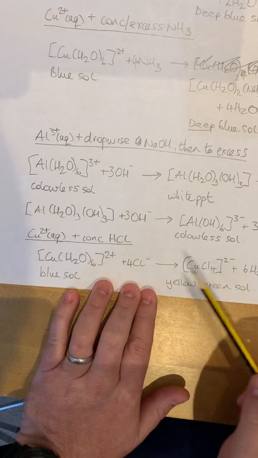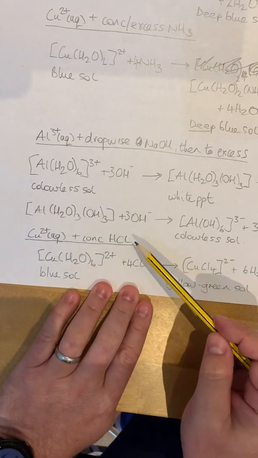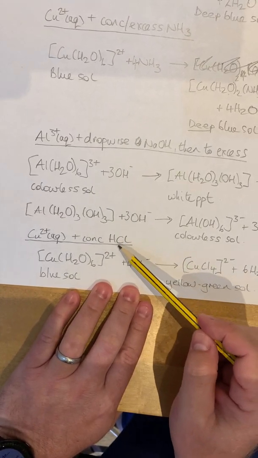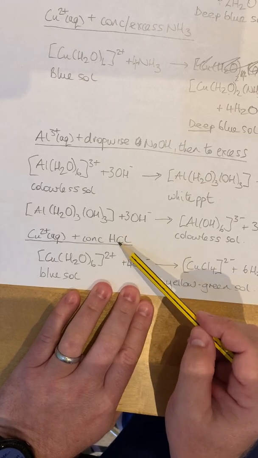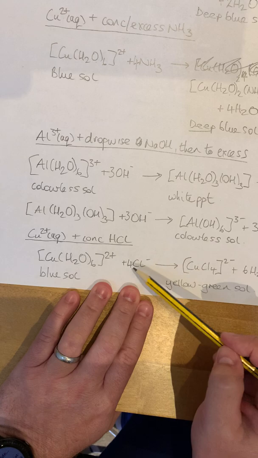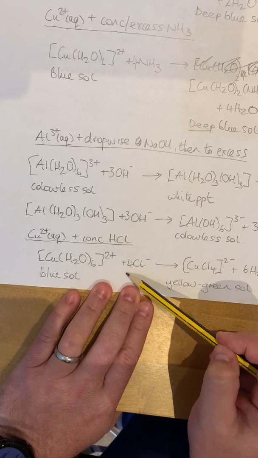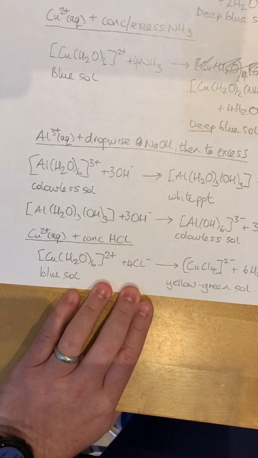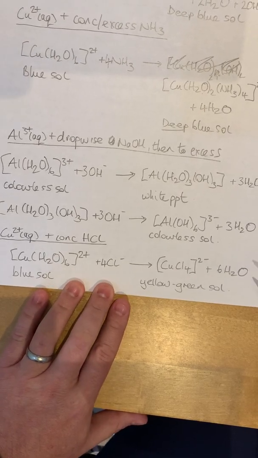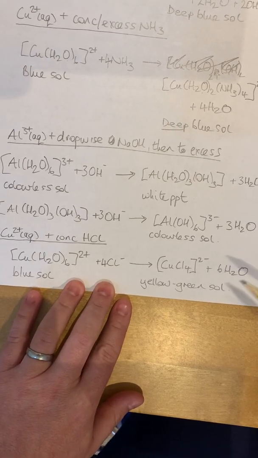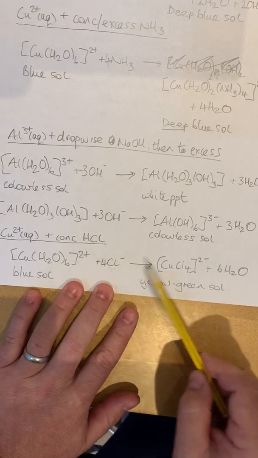So that's the only other one, and I only wanted to mention that just in case you were ever asked about an equation that involves hydrochloric acid, concentrated hydrochloric acid. We always omit the H+. If you did show HCl there, you'd have to show 4 H+ ions as a separate entity in the products, but it's better to just omit it.